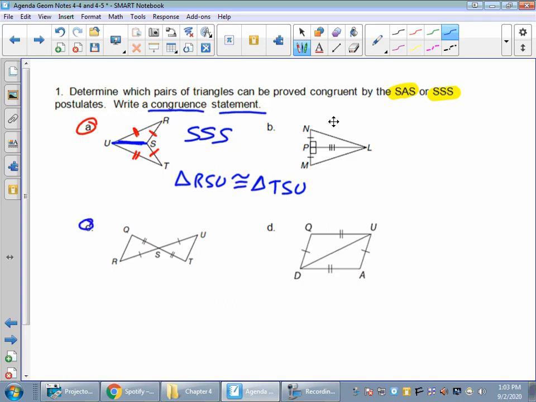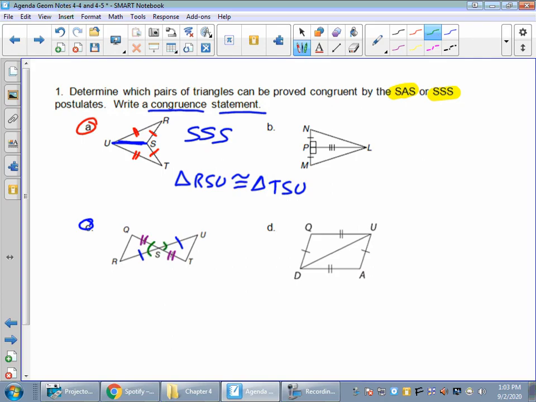Okay, because this one's a one you see all the time, these bow tie type shapes. All right, so in this one, you can see two sides listed. You got a single dash mark here, and you've got a double dash mark here. We don't necessarily have a third side, but what about an angle? Well, in this case, we do have vertical angles.